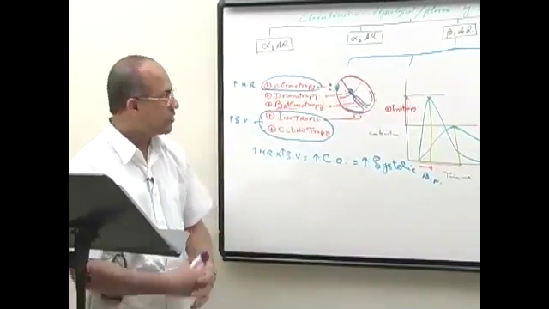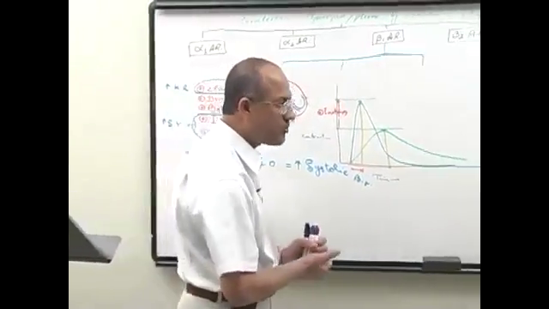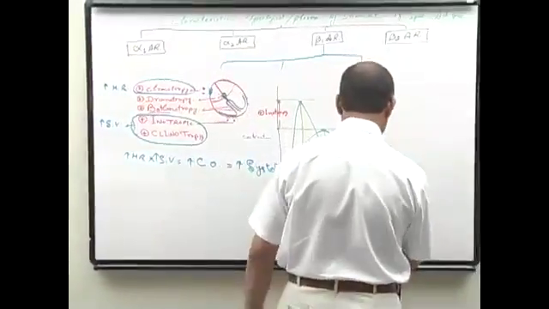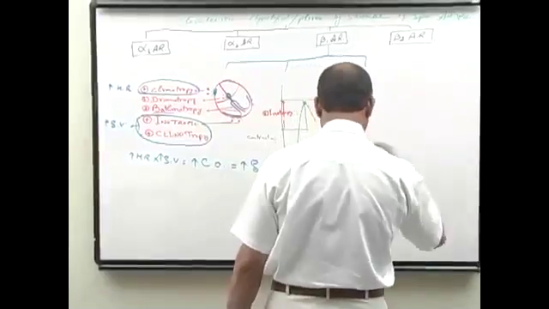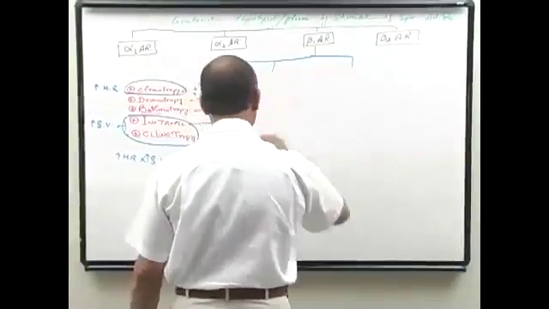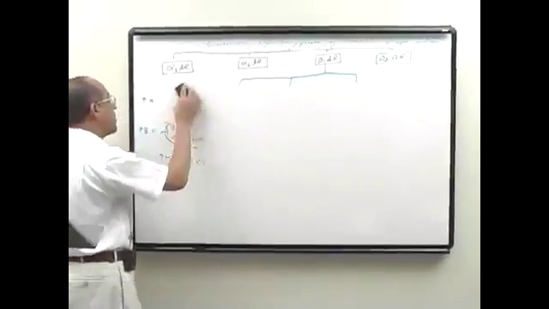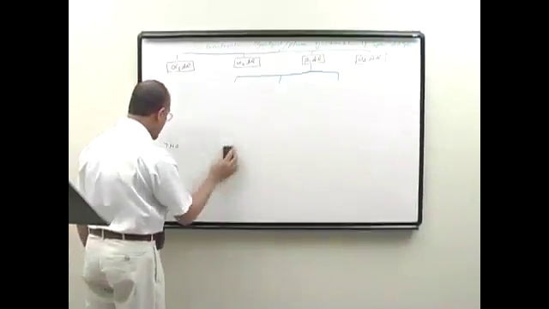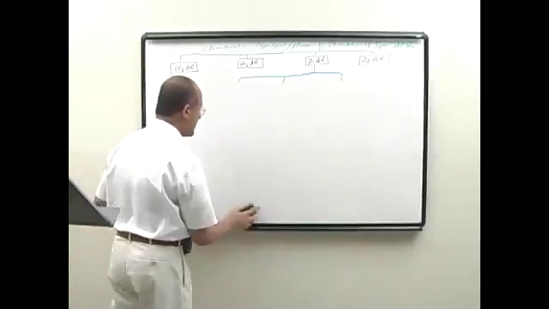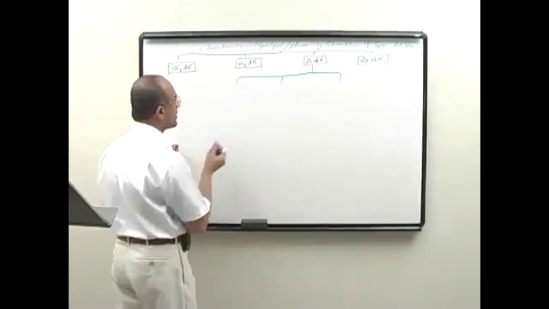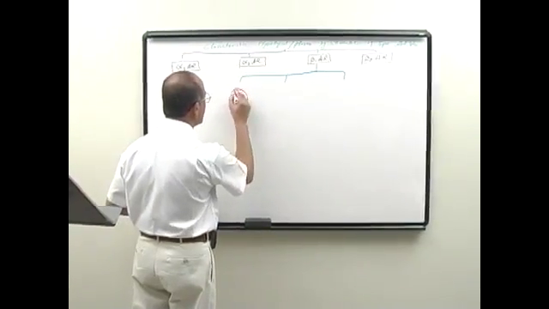Is that right? So one of the typical actions of a beta 1 agonist is cardiostimulation, and one of the typical actions of a beta 1 blocker is cardioinhibition. Fine. So this was one thing, that beta 1 receptors are present on myocardium.